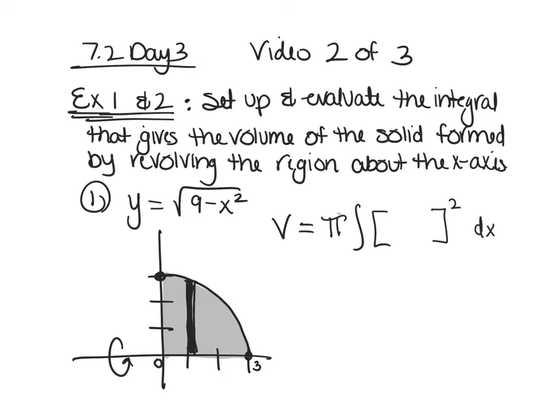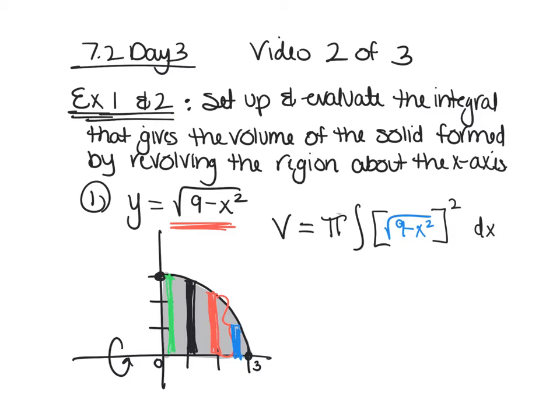So when you look at this, your radius is the height of your rectangle, wherever you're drawing it. What gives us that y value, that height? Our function. So that's going to be the radius, no matter where you draw your rectangle and no matter how high the rectangle is or how close to the x-axis it is, all of these have a height of square root of 9 minus x squared.